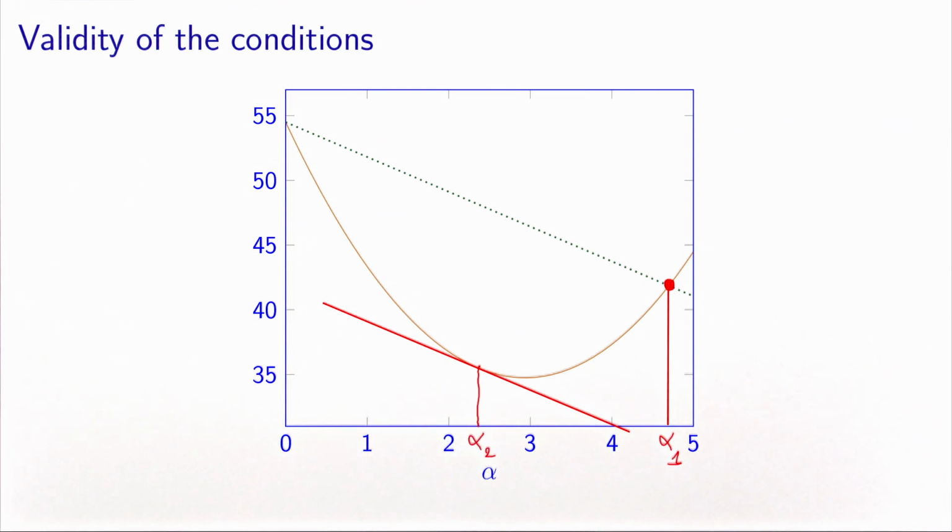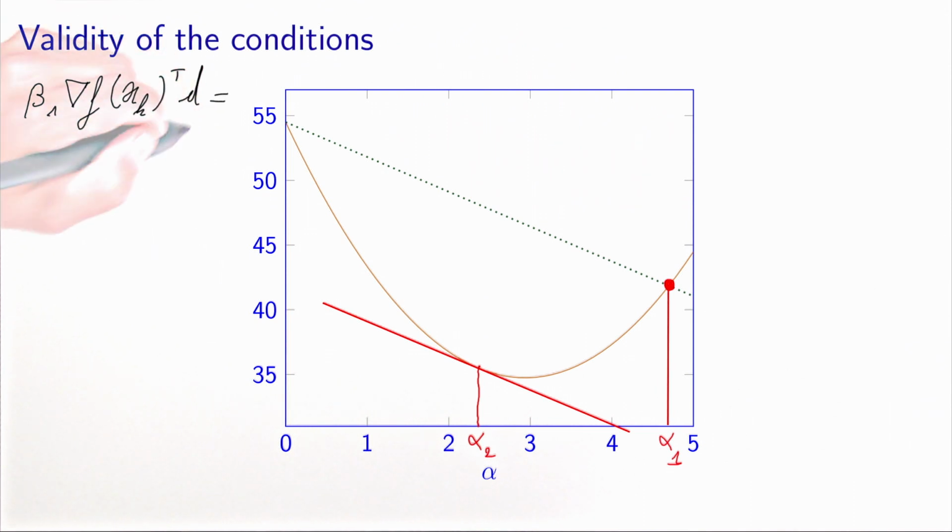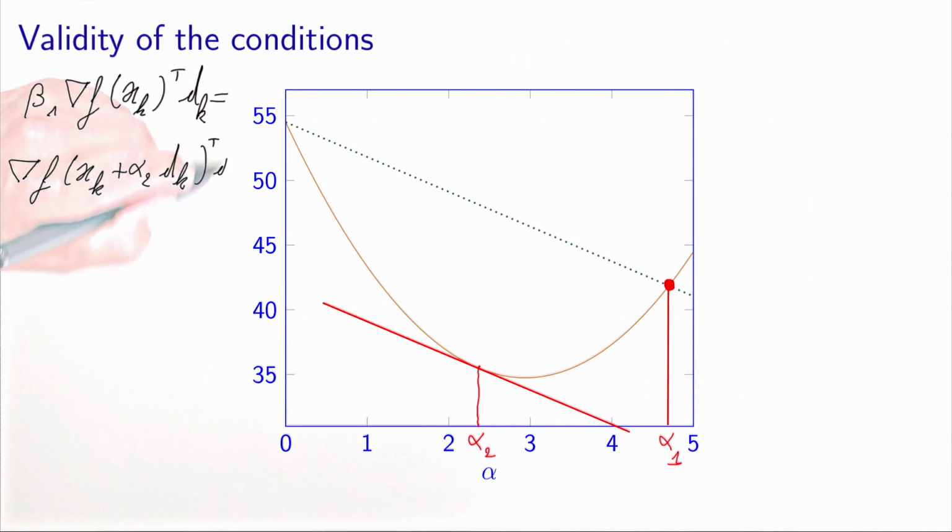So the mean value theorem tells us that the slope of this line is the same as the slope of this one. The slope of the Wolfe 1 line is equal to beta 1 times the gradient of fk transpose dk. This is equal to the slope of this line, but the slope of this one is the directional derivative, so it's equal to the directional derivative at alpha 2.